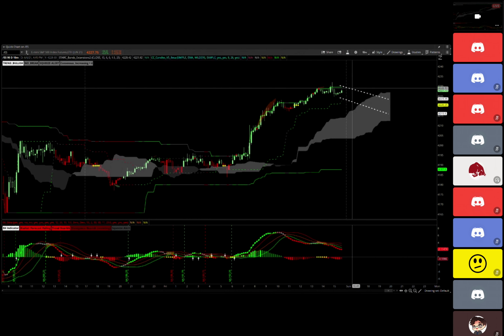So these things, for you guys that are using them, they tend to act, very simplistically, I would say, like headlights on a car. So typically where they're pointing is where you'll see price going.